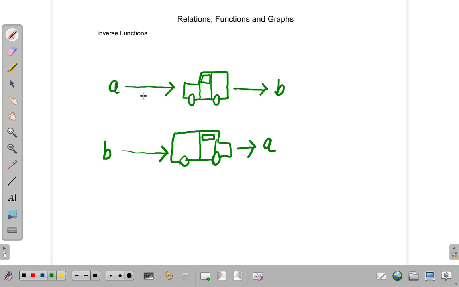Another example I can think of of a function and its inverse is when you put your password into your social media, or let's say you're logging into your bank account online and you put in your password. You have an encryption of that password. When you put in your password on your laptop or your phone or tablet, it sends out electromagnetic waves to the Wi-Fi device.